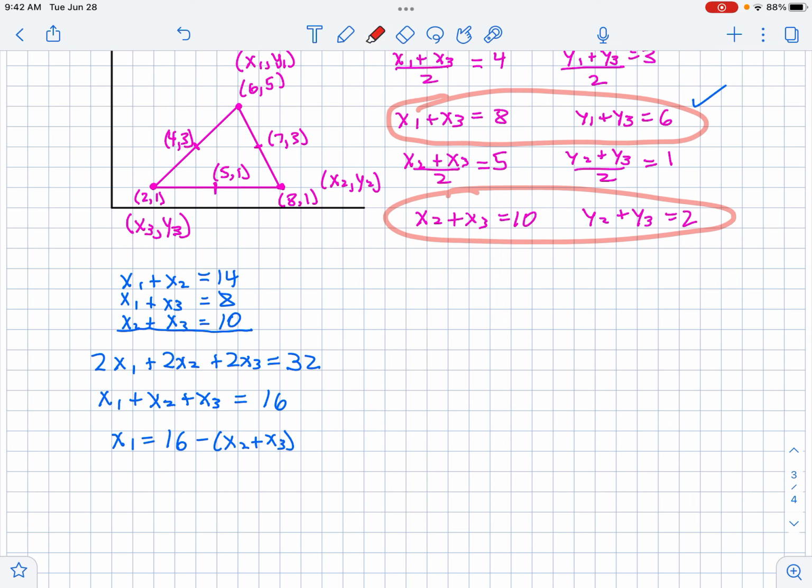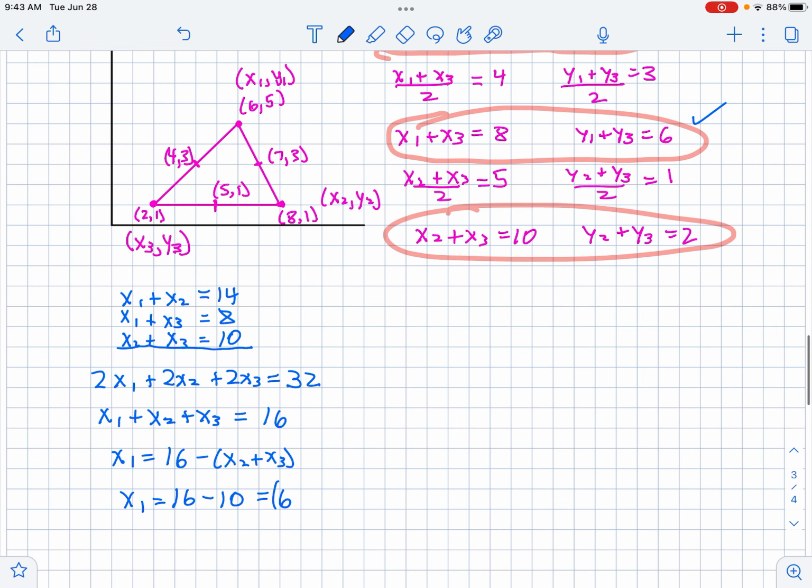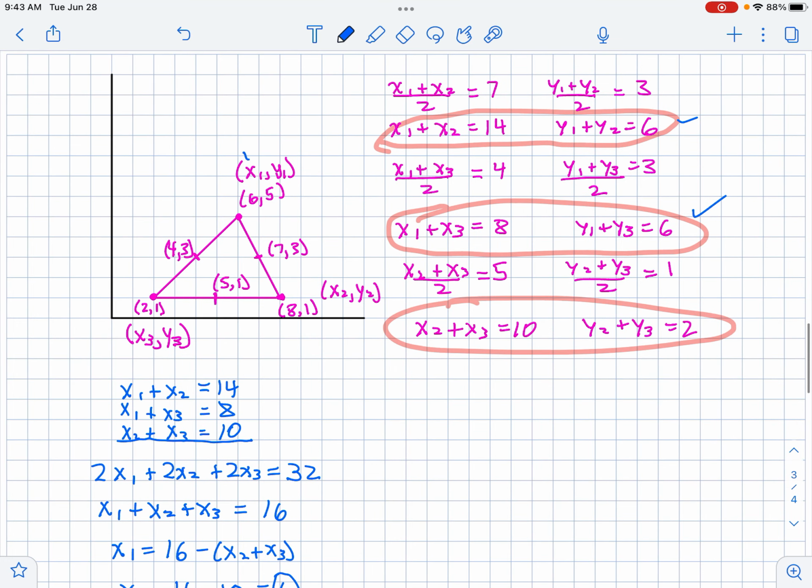So we get x1 equals 16 minus 10, which is 6. That's what we're saying x1 equals, and here is x1 right here, and it was 6. So you can see this gave us what we thought we would get.